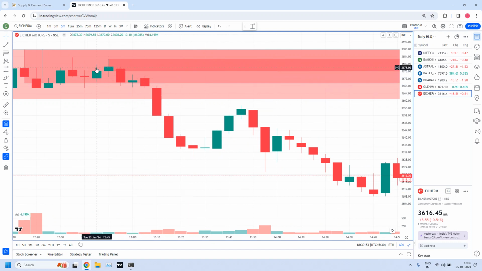Okay, this is considered as a leg-in. The reason is this is a medium size candle and the body is more than 50%. Actually, we should consider a medium size candle as more than 75%.